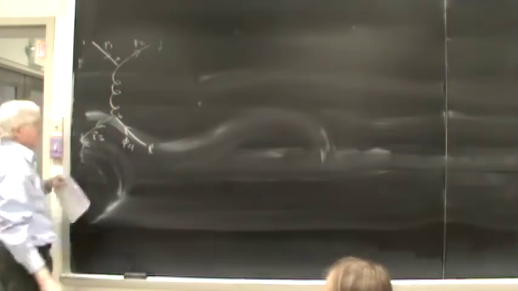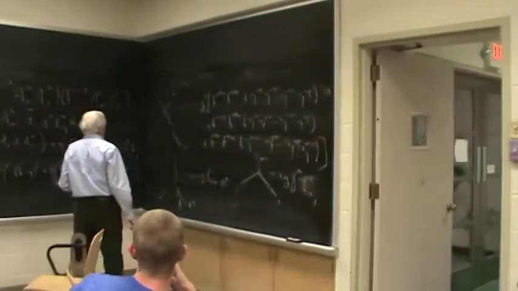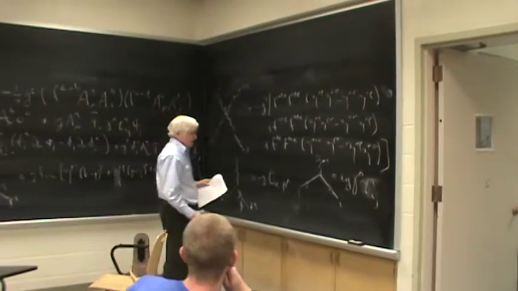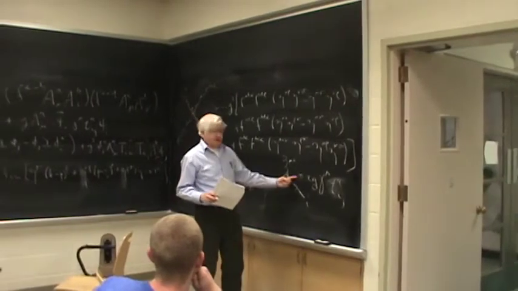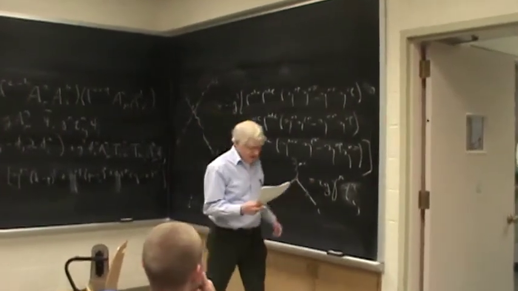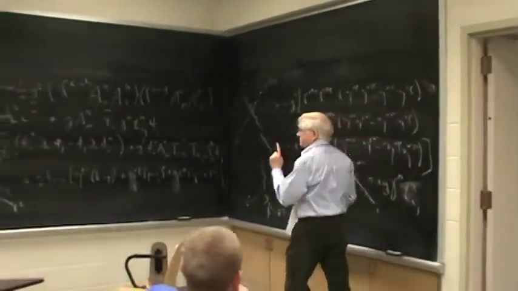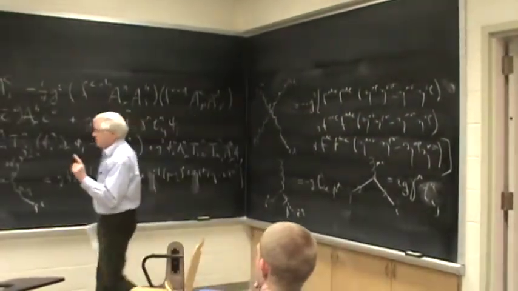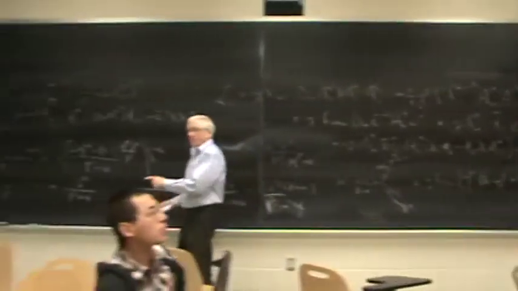Okay, I think that's everything. So for this one, what we do is we grab basically two of these. And two of these, but we also need a gluon propagator, so we get one of these.